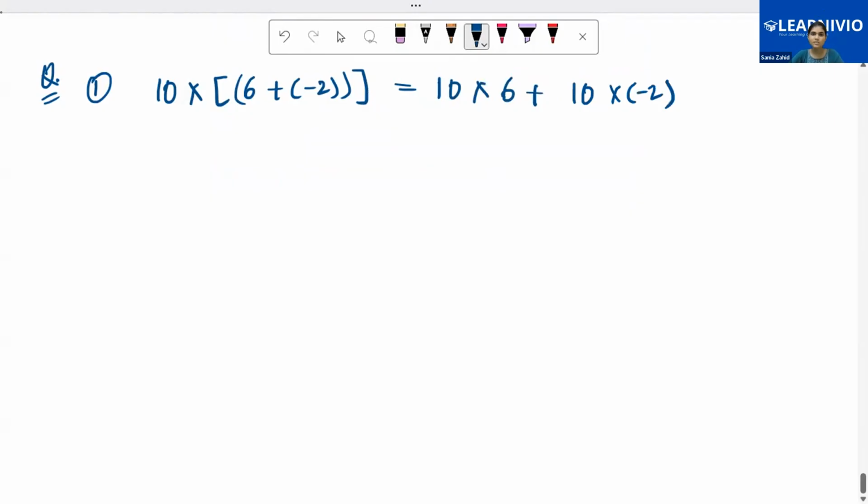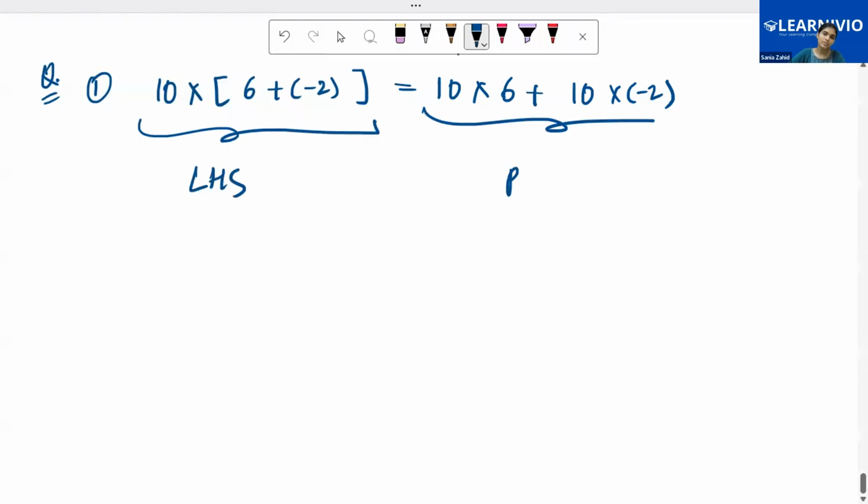So tell me, is this true or not? You have to check it. So how will you check it? First solve this side and then solve this side. This is the LHS, this is the RHS. First solve and tell me.